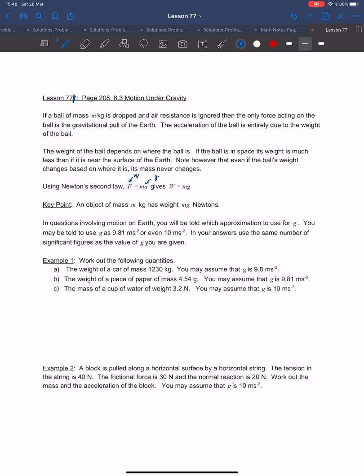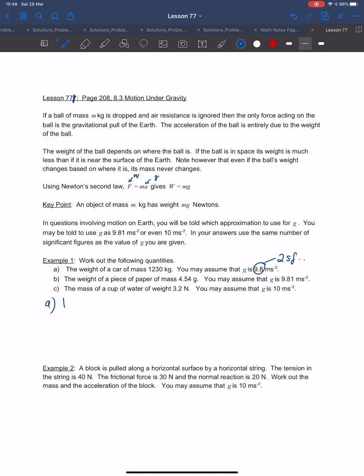So example 1. Work out the following quantities. The weight of a car of mass 1230 kilograms. You may assume that g is 9.8. So straight away we think, right, two significant figures.